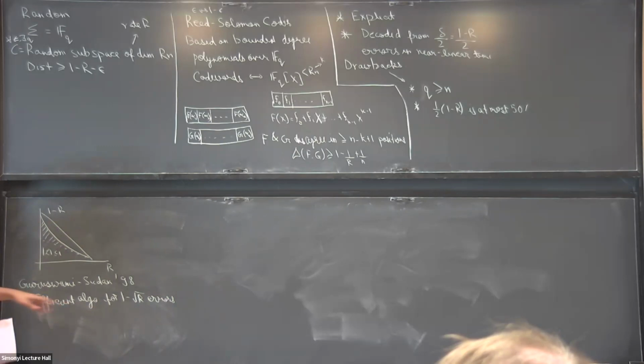And the fact that we can correct almost close to 100% errors, like 99% errors, has had a lot of applications in complexity theory. This is actually the kind of regime that we care about when the number of errors are too large.